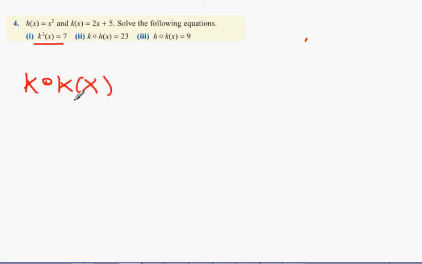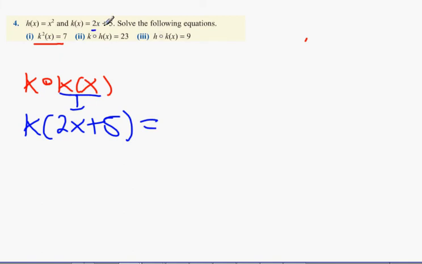k of x is what, guys? What is k of x? k of x is 2x plus 5. Now it wants me to find out what is k of 2x plus 5. You replace x with 2x plus 5. So it's 2 times 2x plus 5, plus 5.